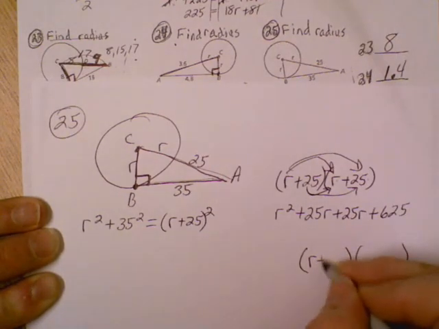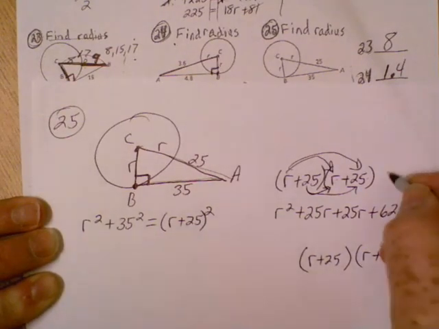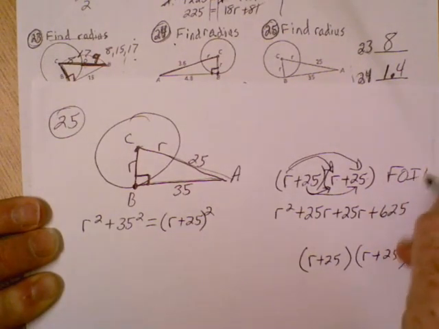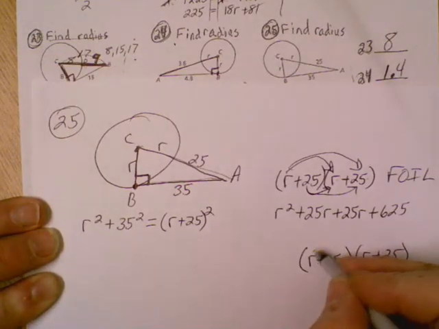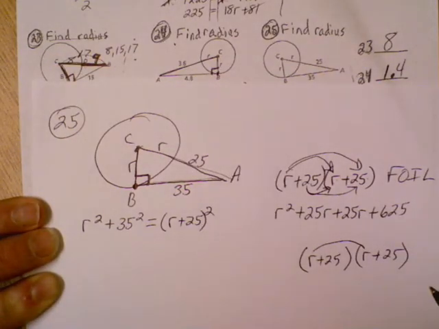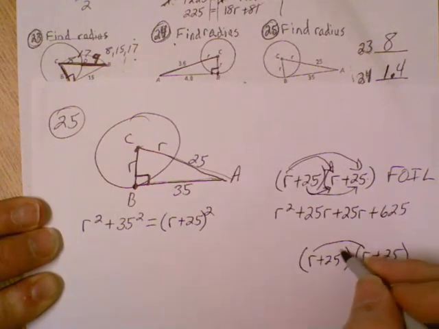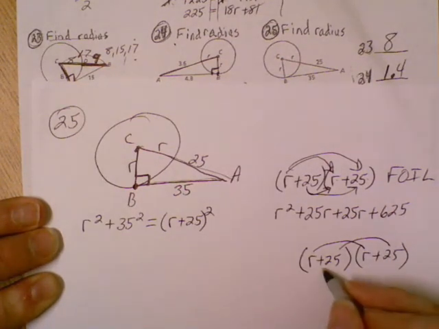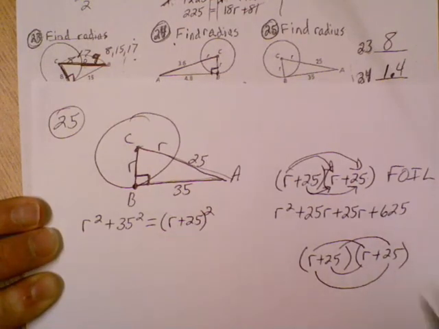You got R plus 25, R plus 25. Instead of FOIL, first, outer, inner, last, some algebra teachers teach the smiling man way, which is you multiply these two, you multiply these two, you multiply these two, and you multiply these two, and it looks like a smiley face.